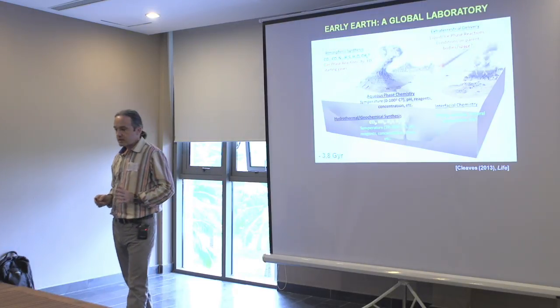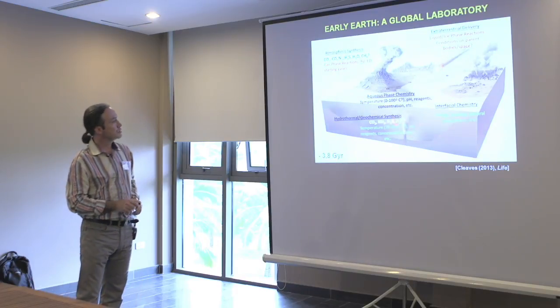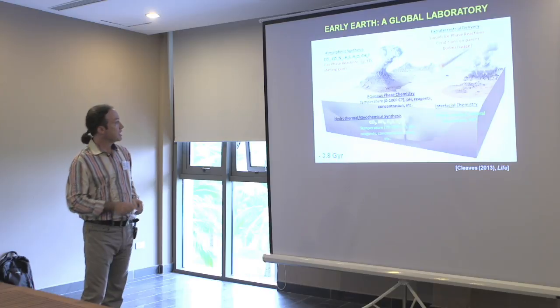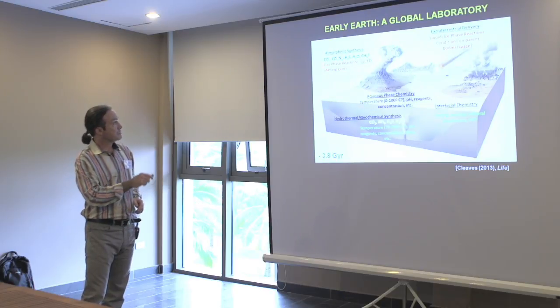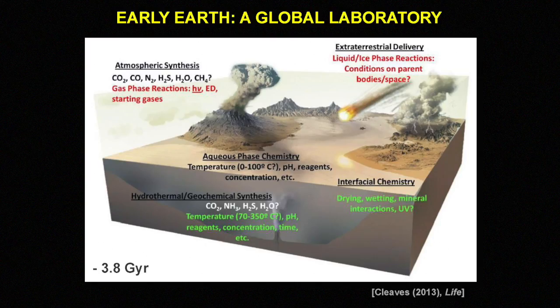In fact, the Earth was a global laboratory once water was present on our planet. We had sources for atmospheric synthesis of several gases, also extraterrestrial delivery of organics. We have been listening to some data about that.